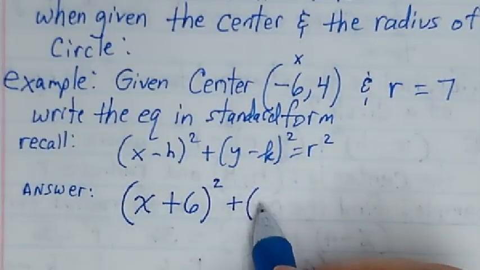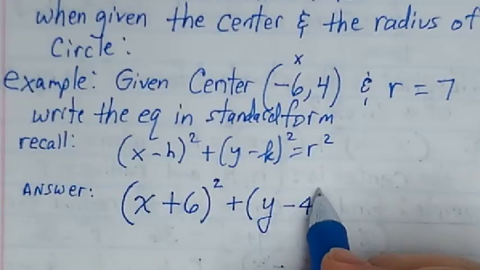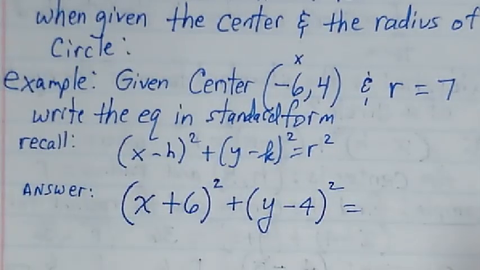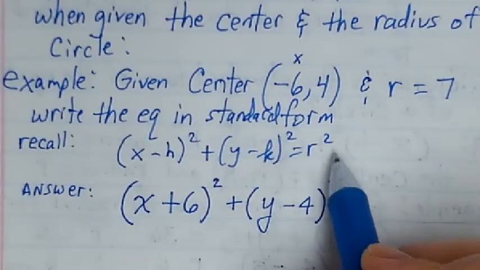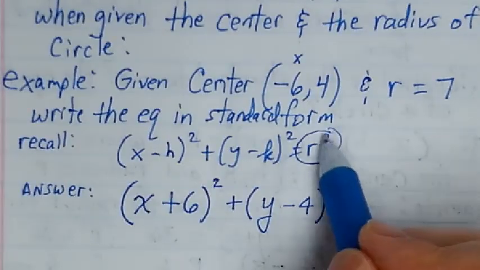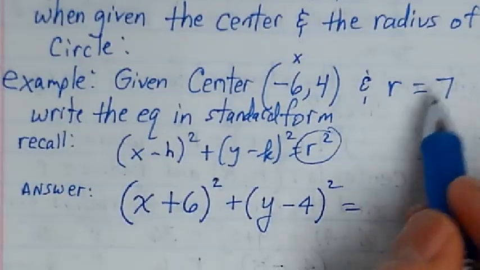y minus 4 quantity squared equals what? Be really careful, because in the equation, it's not the radius, it's the radius squared. Look up there. Now remember, if the radius is 7, when you square r, you square the 7.